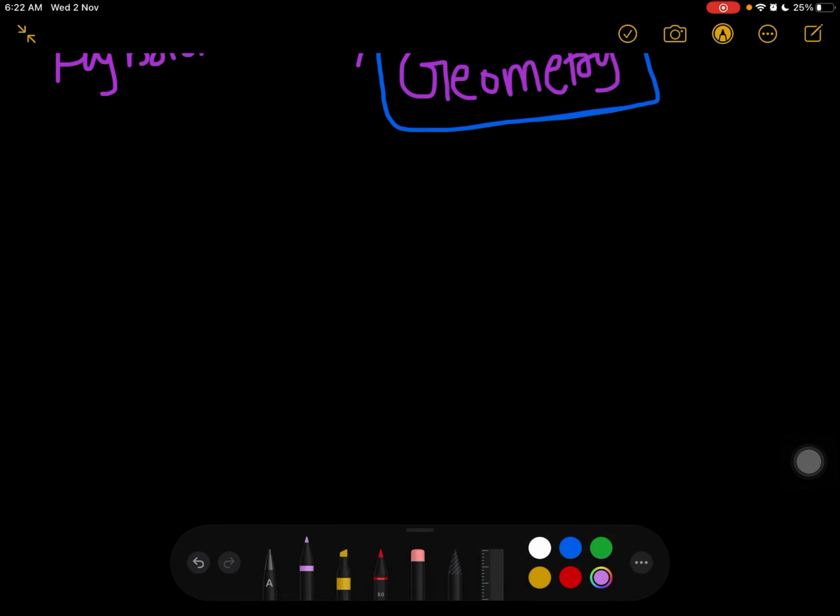Now let's discuss the basic structure of methane. Before moving to that, I should tell you that I've almost completed all the rules, including the shape of the hybrid orbital.